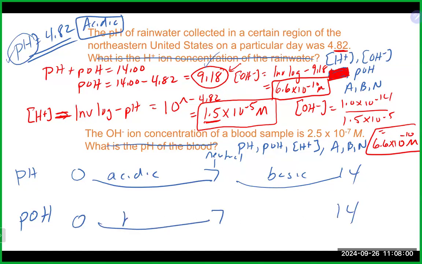Below 7 is basic, above 7 is acidic, and 7 is still neutral. Since most people have the pH scale in their head, I would always look at the pH number and make that decision, not the pOH value. It does run opposite. So if you have a low pH, you will have a high pOH and vice versa. They run basically opposite of each other.